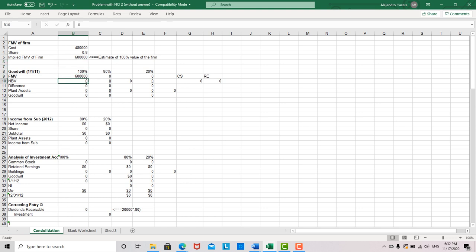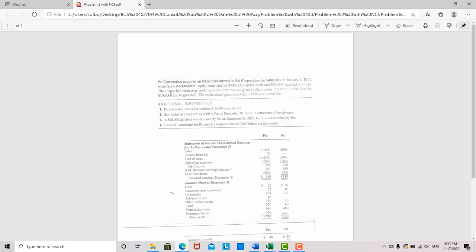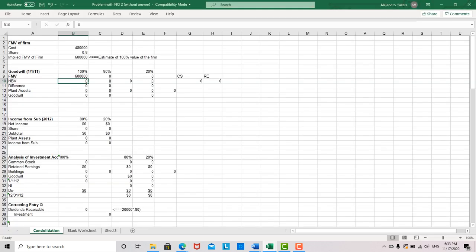Next, net book value. The problem tells you in the text that they have $400,000 capital stock and $50,000 in retained earnings. So over here, they have common stock of $400,000 and retained earnings of $50,000.